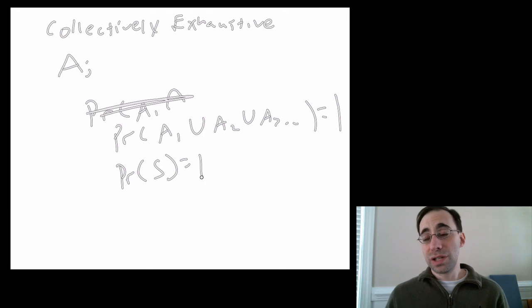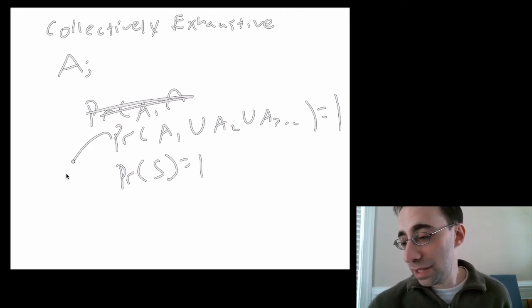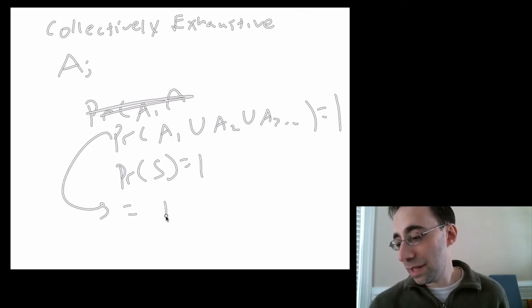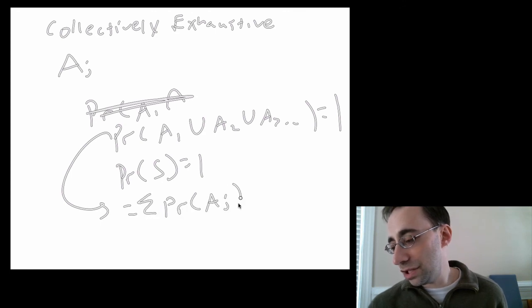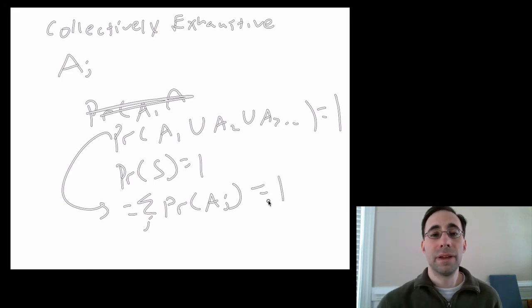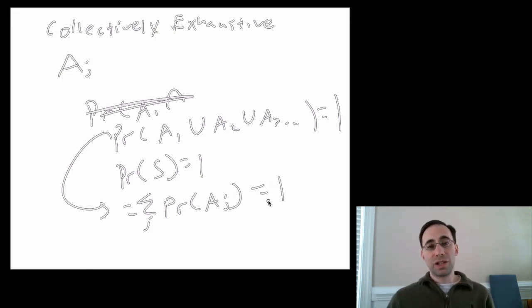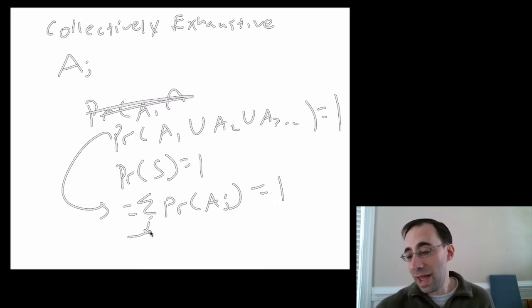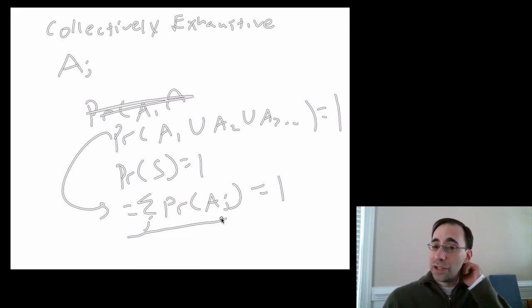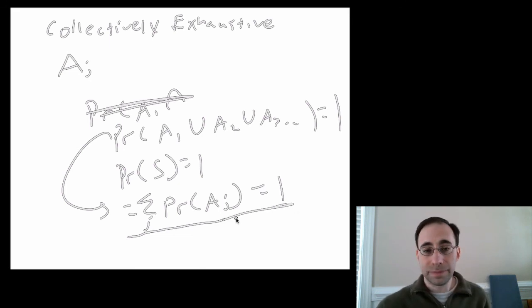If they're mutually exclusive and exhaustive, then this is the same as the sum of the probabilities of all the A sub j we saw before, and that's going to equal 1. So if we have a set of mutually exclusive, collectively exhaustive events, then the probability that any one happens is equal to the sum of all the individual probabilities, which is equal to 1.